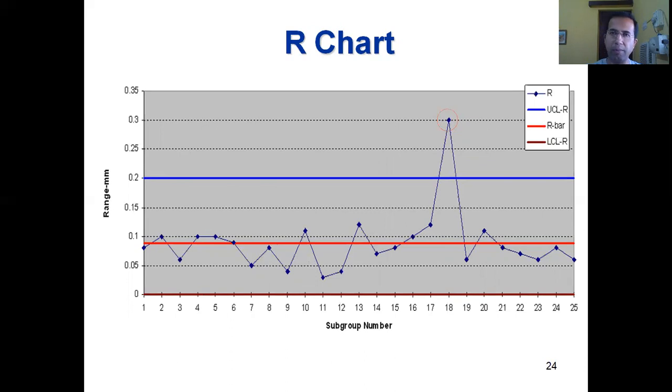So should I delete the point? Yes, you should delete the point, but you should try to learn from it what good thing I've done over here because of which I'm getting such a low dispersion. Okay, so this is one important thing. Another is that at times your lower control limit may come out to be negative for an R chart. In that case, you take it as 0.